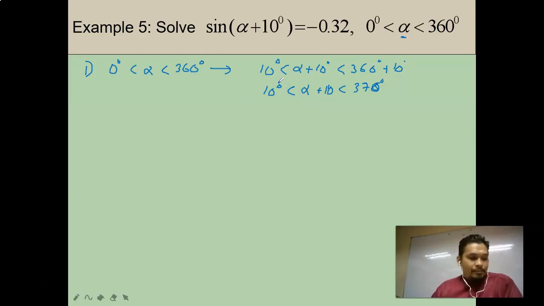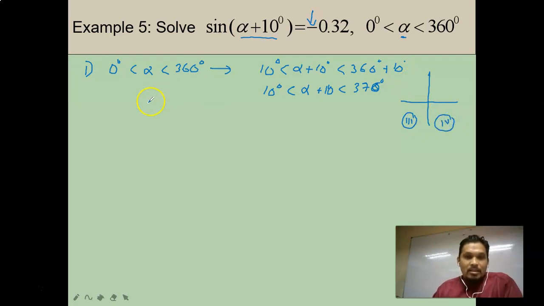Okay, now sine angle is equal to negative. Sine is positive in the first and second quadrants, so sine is negative in the third and fourth quadrants.